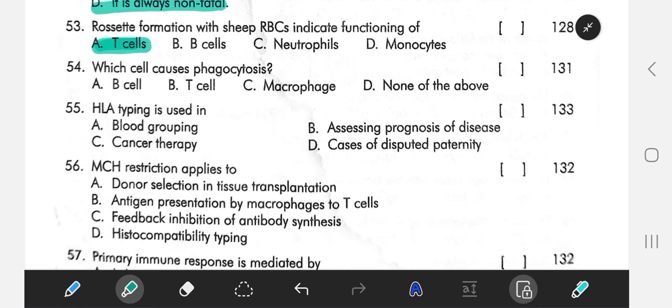Question number 54. Which cell causes phagocytosis? Option A. B cell, B. T cell, C. Macrophage, D. None of the above. Answer will be C. Macrophage.